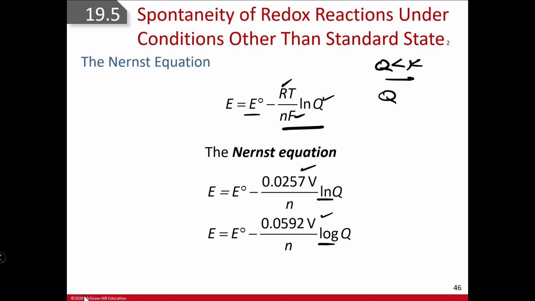If the reaction quotient is greater than K, the reverse reaction wants to happen. So that's what this factor is doing for us. These are called the Nernst equations, whether you base it on a natural log or a base 10 log. And you must know this equation. You're going to plug in values for this and solve for either the cell potential, the number of electrons, or the Q.